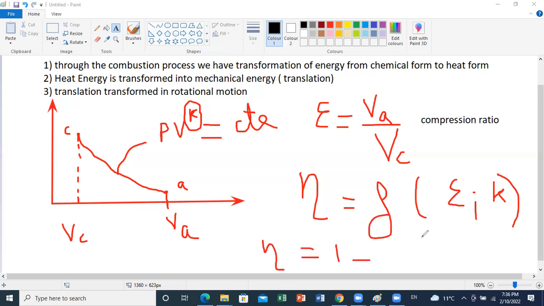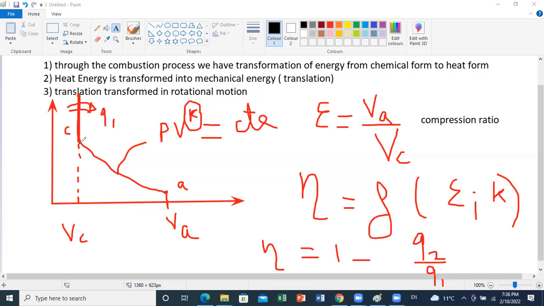But what is Q2 and what is Q1? So let us go back to physics that can give us Q2 and Q1. Okay, we said that Q1 is the energy gained from combustion. But we modeled the combustion process as a constant volume process.